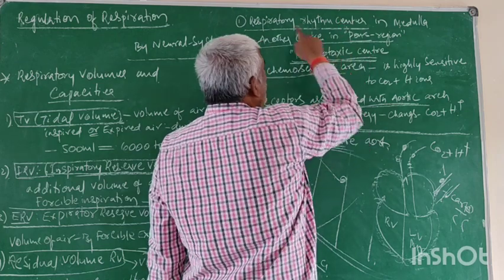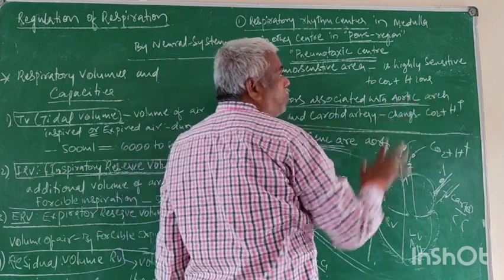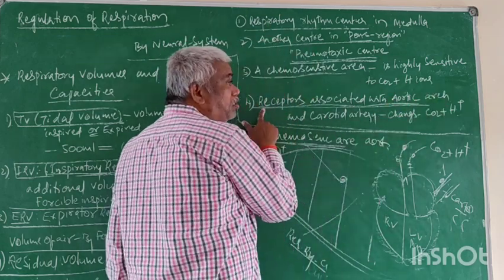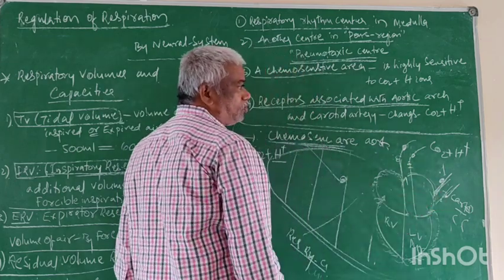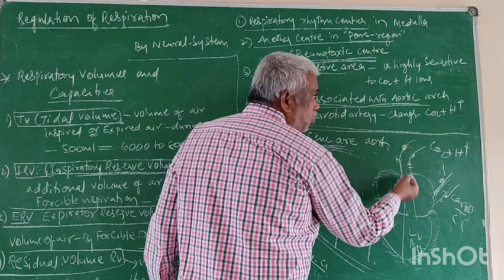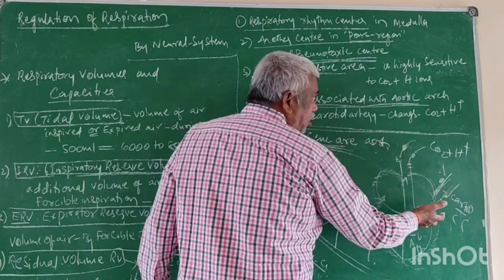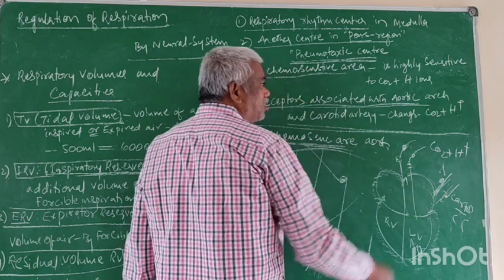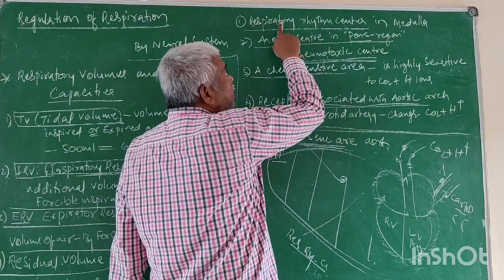Now, one, two, three: these are the three centers present in the brain. But these receptors are present in the aortic arch and carotid artery. When blood passes through them, the receptors stimulate and give signals to the respiratory rhythm center.